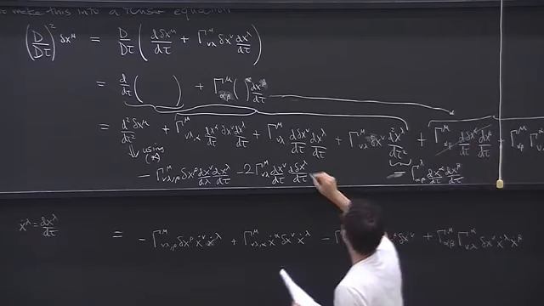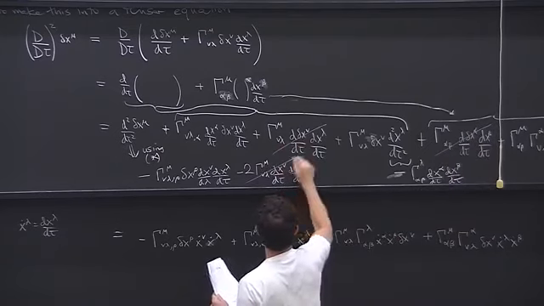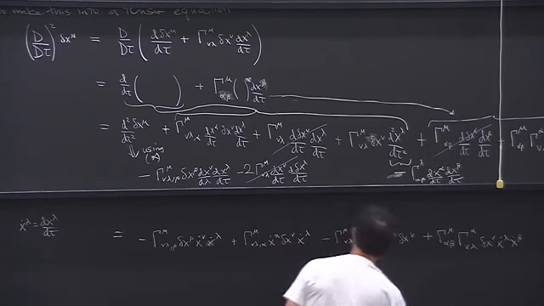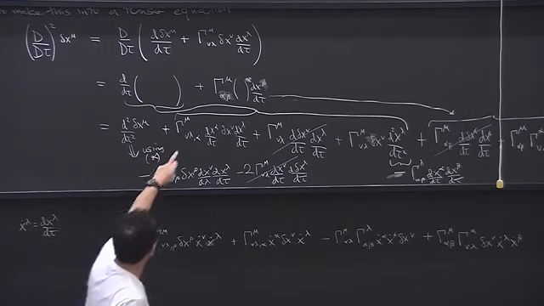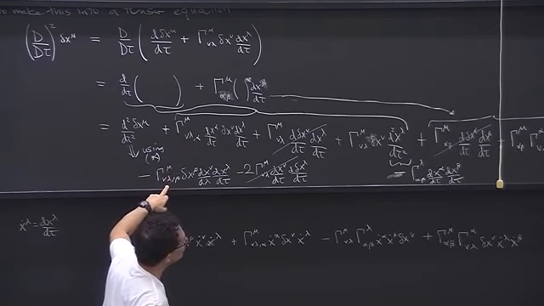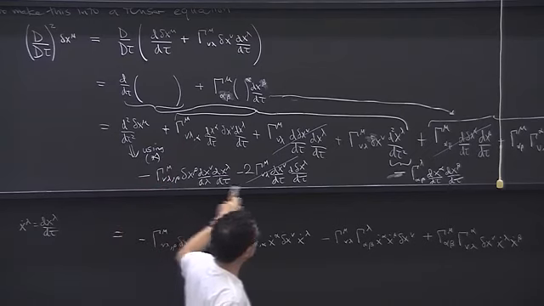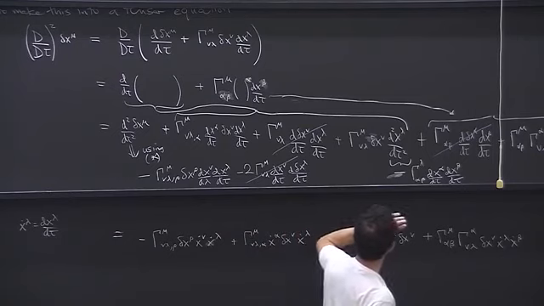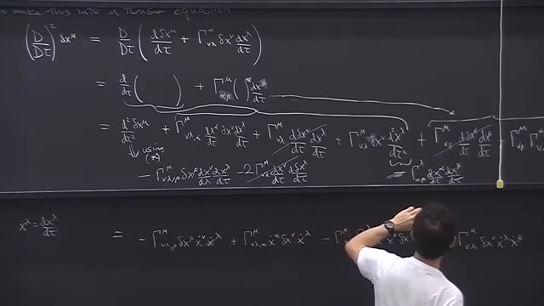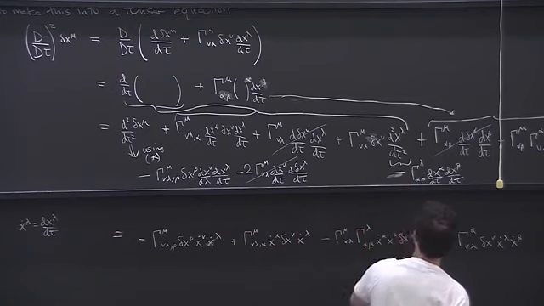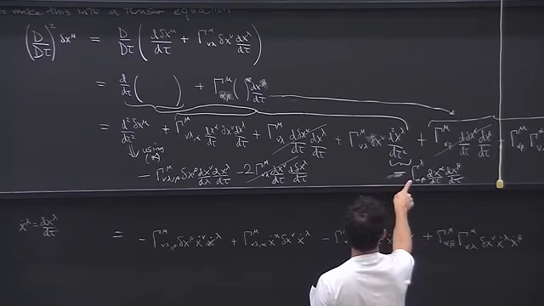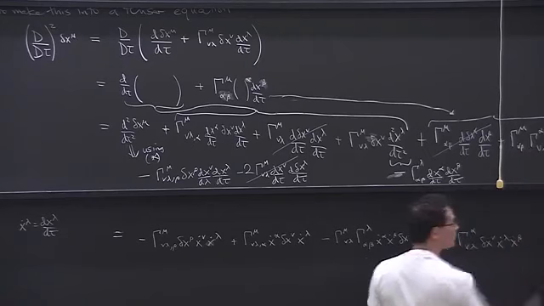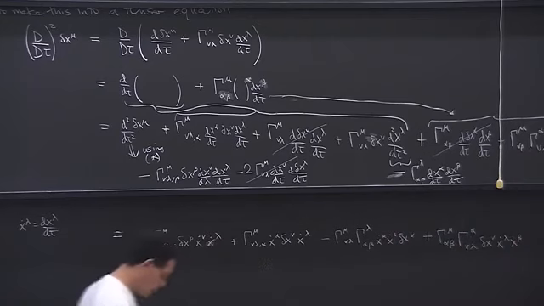This one, and this one all cancel. Okay, leaving me with the two derivative of gamma terms and, what happened to this? Oh, yes, and this gamma term, right, and this gamma term. Okay, so that's everything.